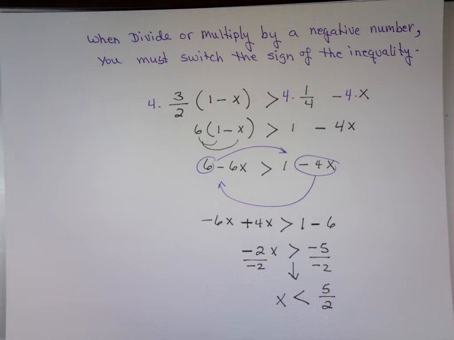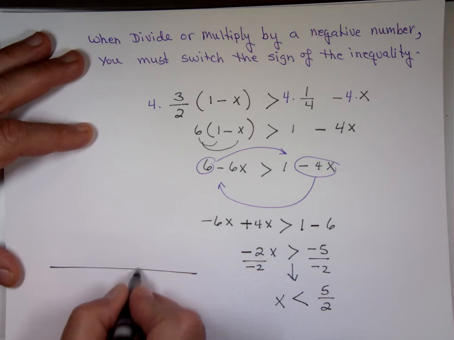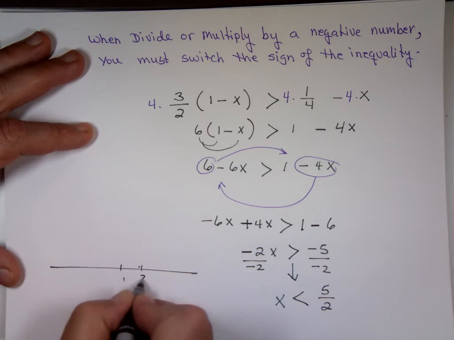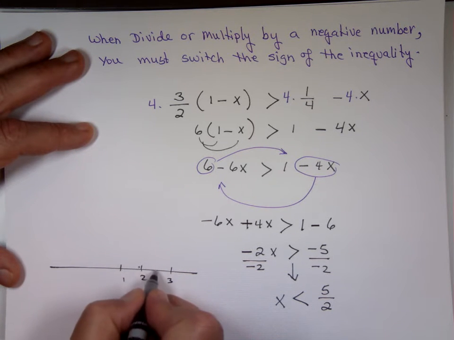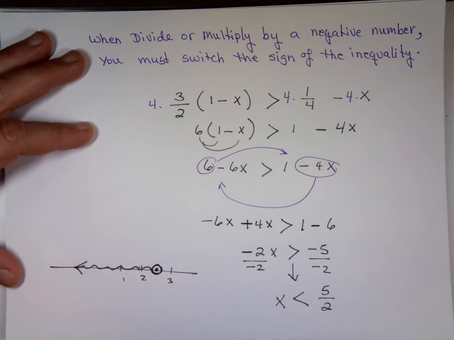So you can always get rid of the fractions early by multiplying by the LCD. Again, if you were to graph that, 5/2 is really 2.5. So this is the 1, the 2, the 3. So it's somewhere here, and it's to the left. That's the 5/2.